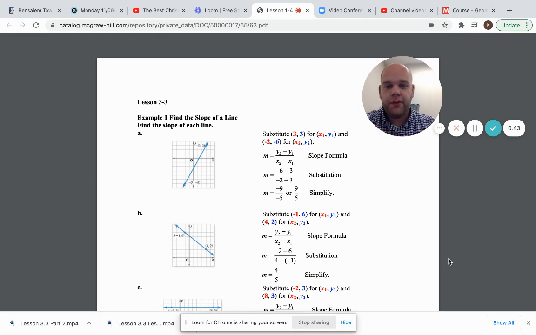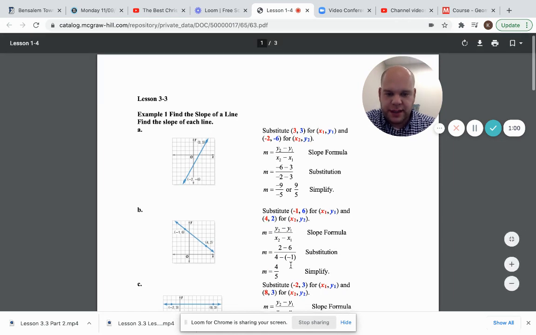All right, so right now we're going to find the slope of a line, okay? What this goes through is how to solve for the slope of a line when given 2 points using the slope formula. As you can see, we're given (3, 3) and (-2, -6), and it goes through how to solve it, okay?